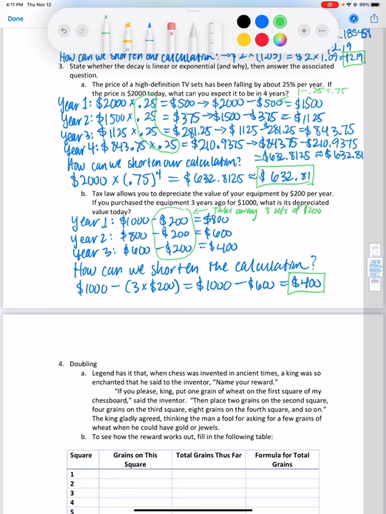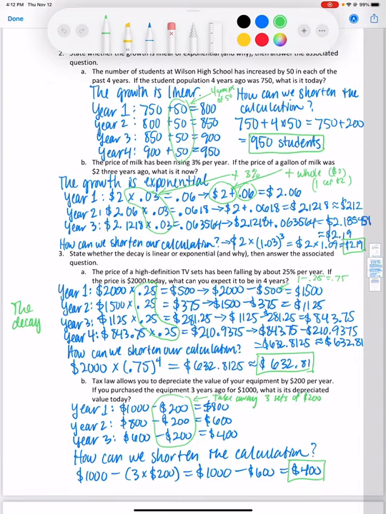Okay, subtracting off 25% of whatever's there, 25% of whatever's there. And the next one is linear because it keeps subtracting off the same amount.